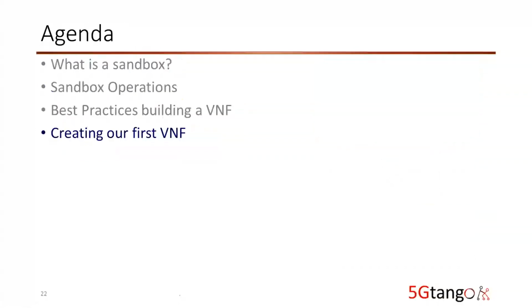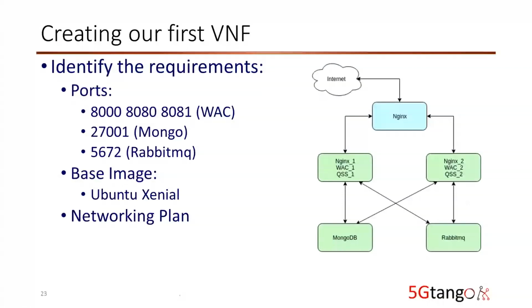Okay. Sorry. We are moving to the creation of the BNF. So for our first BNF, or our first set of BNFs, what do we need? We need to identify the requirements.